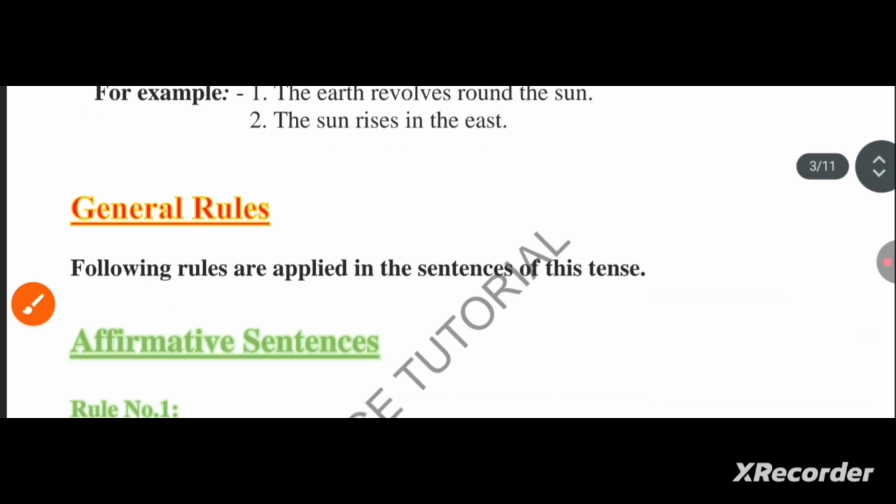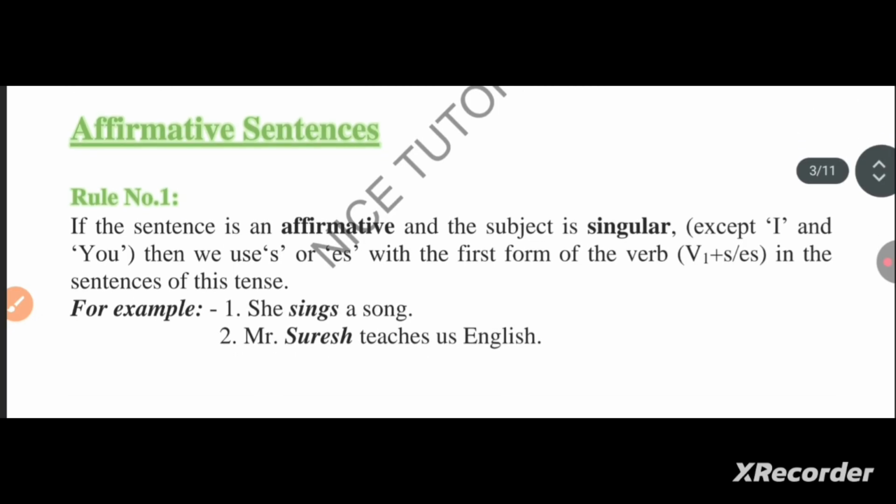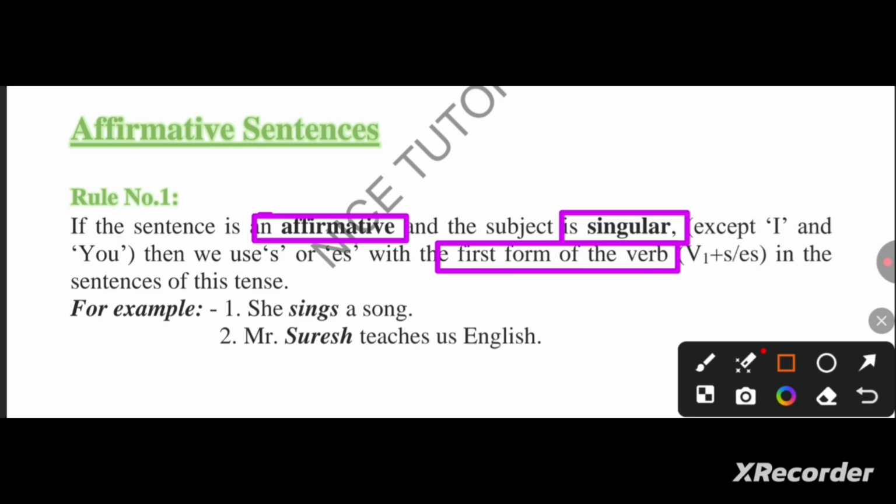Now, these are some of the general rules which are applied in present indefinite tense. At first, we should know that if the sentence is in the affirmative form and the subject is singular, except I and you, then we generally use S or ES with the first form of the verb.